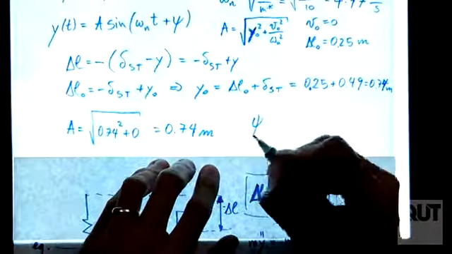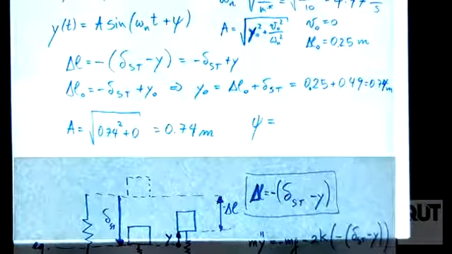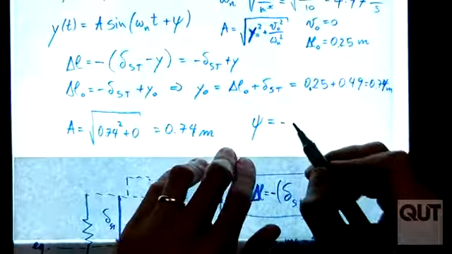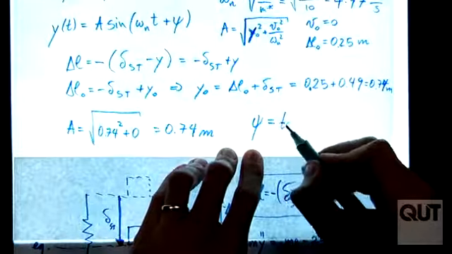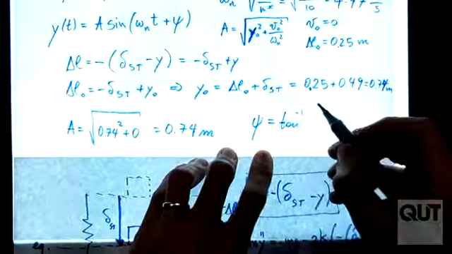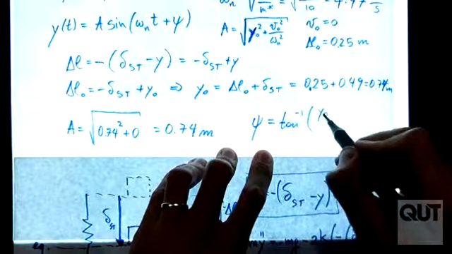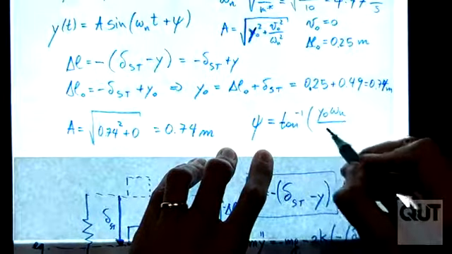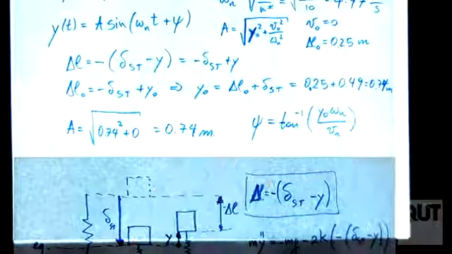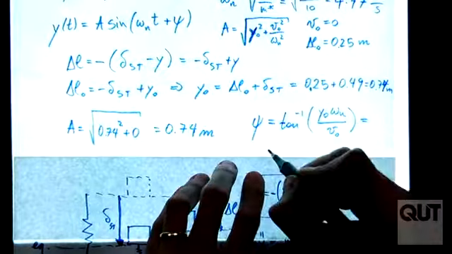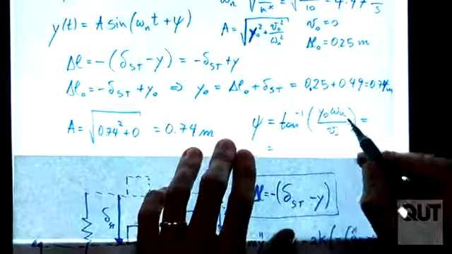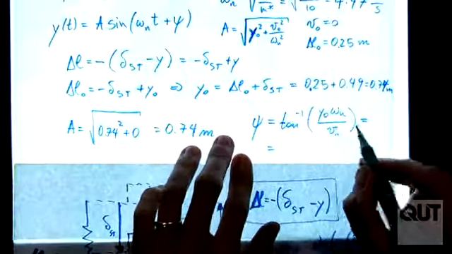Psi is equal to arctangent of y0 omega n divided by v0, which is something divided by 0. How much is it?